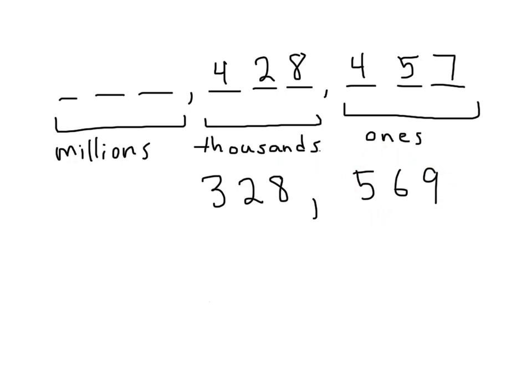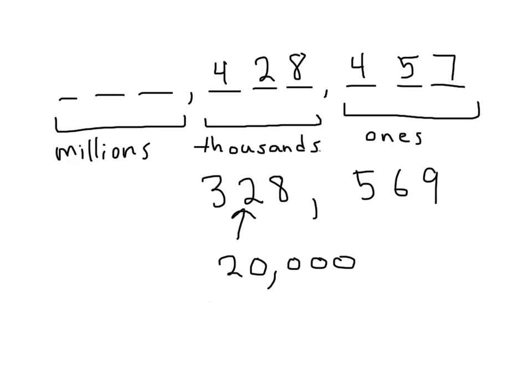Pretty simple. The other concept that's important here is that we understand what each digit is representing. So if I want to know what this 2 represents, it is in the 20 thousands place, so it represents 20,000.